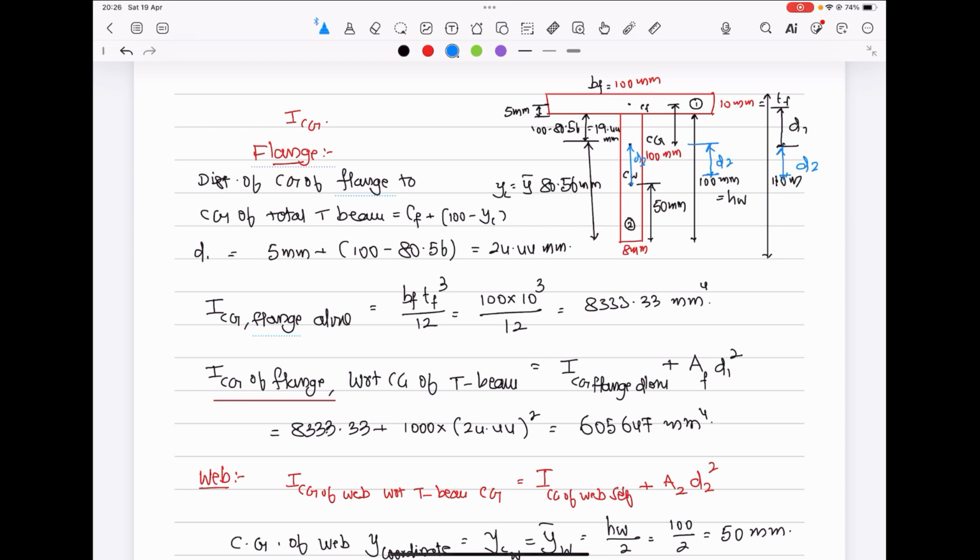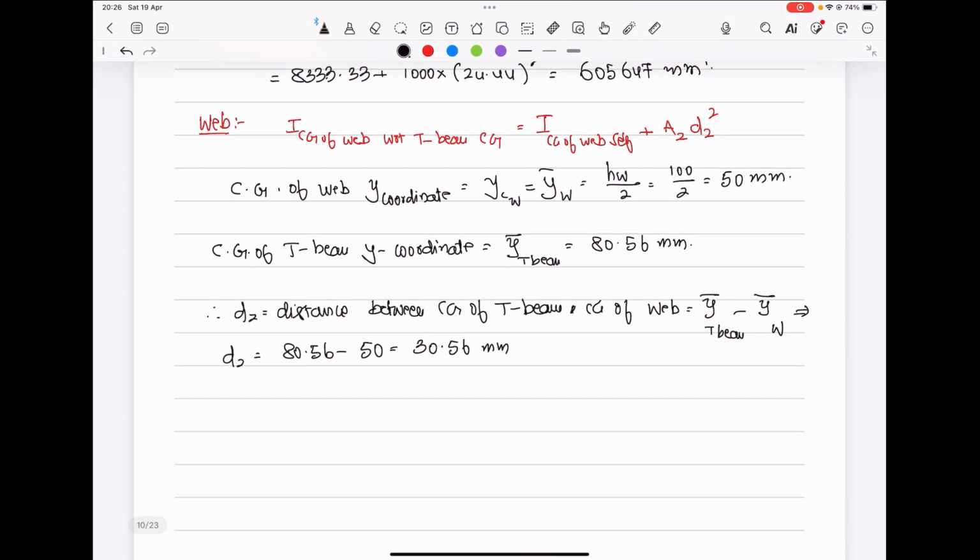This will be D2. I will put it in the green ink, this green ink is D1 and blue ink is D2.